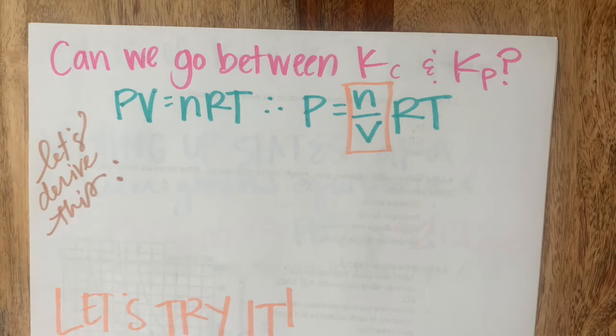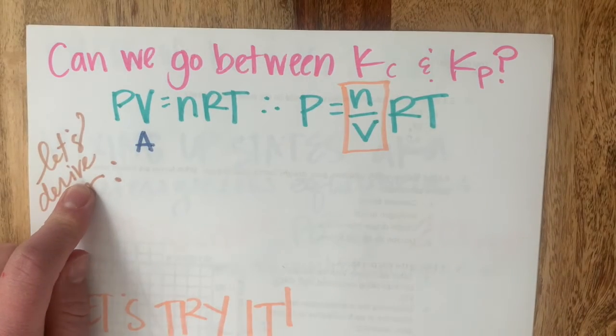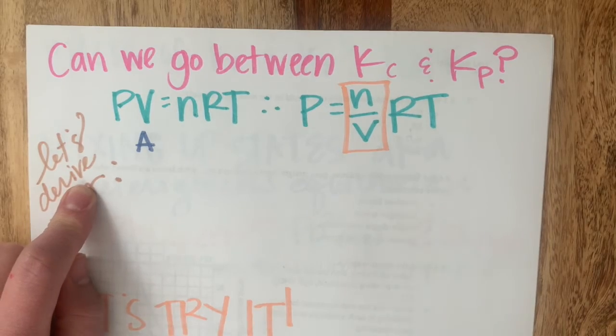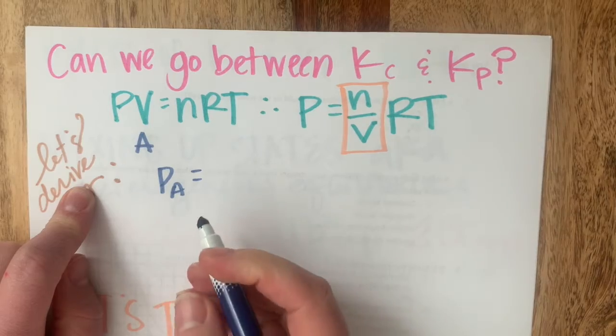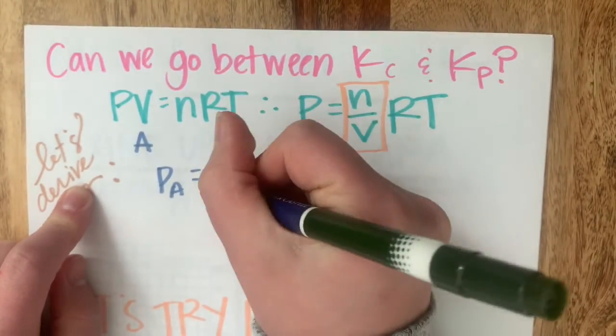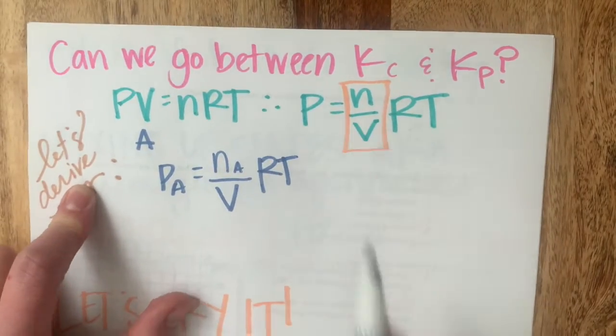So how can we do this? Okay, well, let's just assume we're talking about a generic reactant A, okay? So the pressure of A is going to be equal to the moles of A over volume times RT. Okay, so I just started using A here.